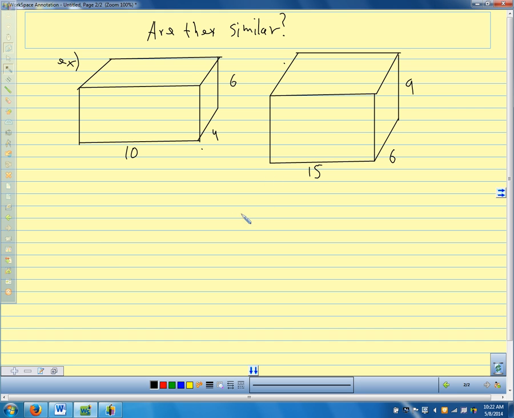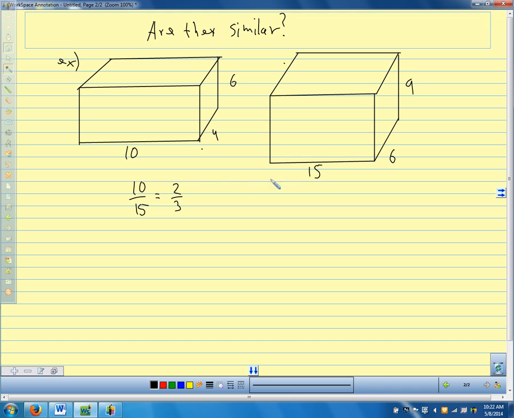We're going to match up our corresponding sides and make ratios and make sure they're all the same. What are we going to match up with the 10 here? 10 over 15. And we can reduce that to what? What's the biggest number that divides into both of those? 5. Divided by 5, I get 2/3. What am I going to match up with the 4? 6.